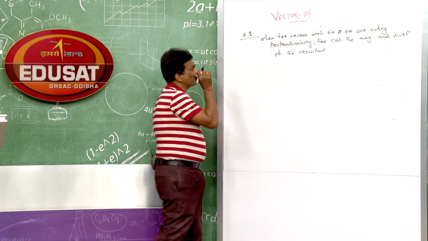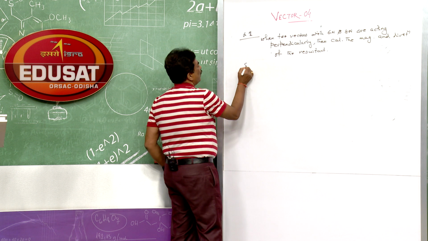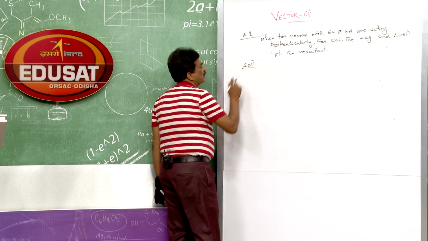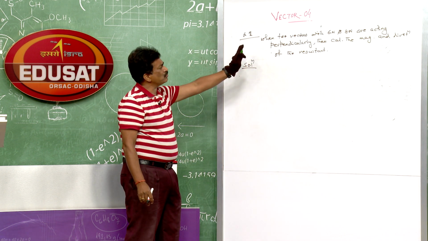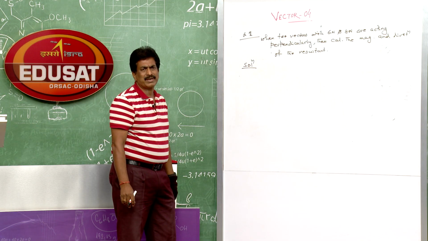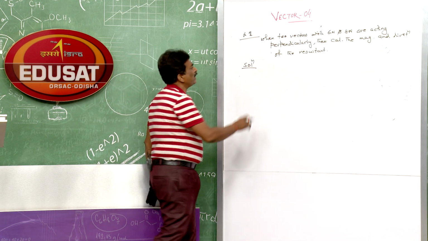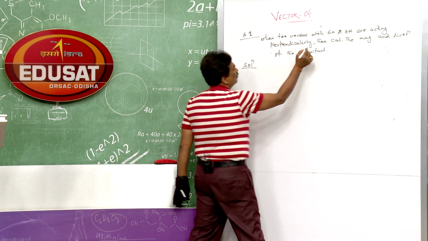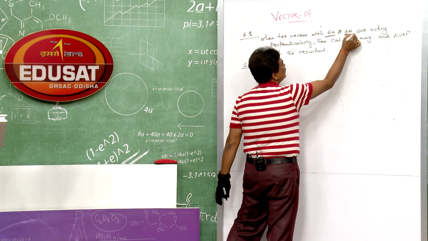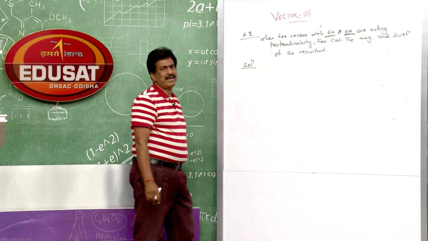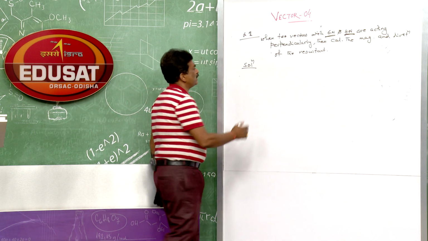Whenever a question is given and you want to find its solution, there is a kind of formula. First go through the question and understand its meaning. The second step is what data are provided. 6 Newton and 8 Newton means two forces are given.